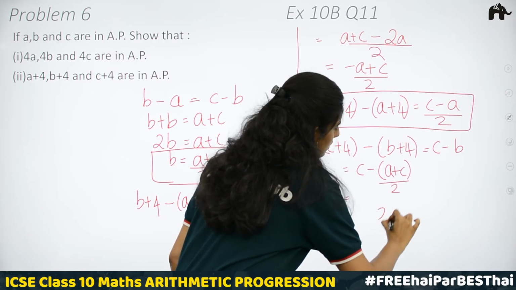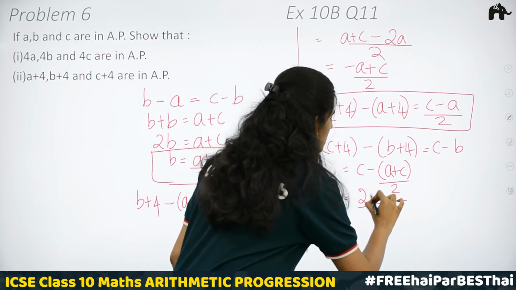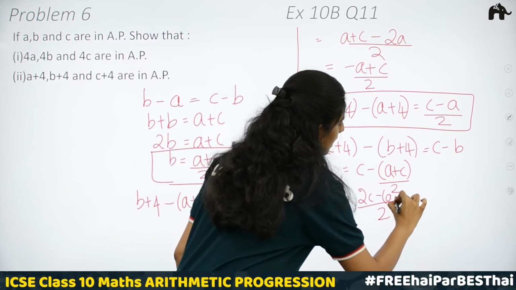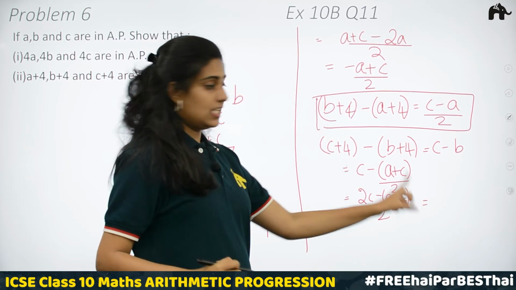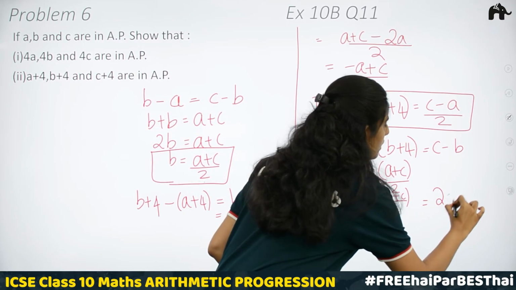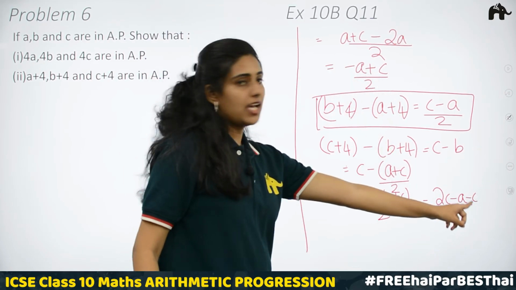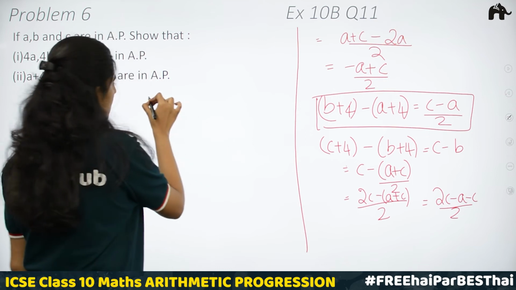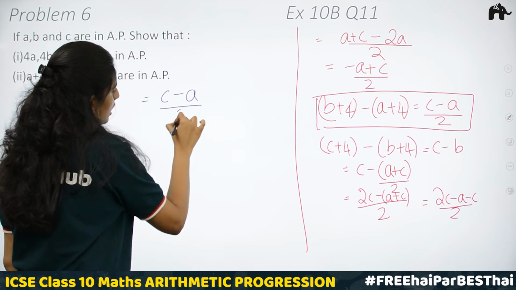Taking LCM, we get 2 here. Multiplying 2C minus A plus C. This becomes 2C minus A minus C divided by 2. 2C minus C is equal to C. Then you have a minus A divided by 2.